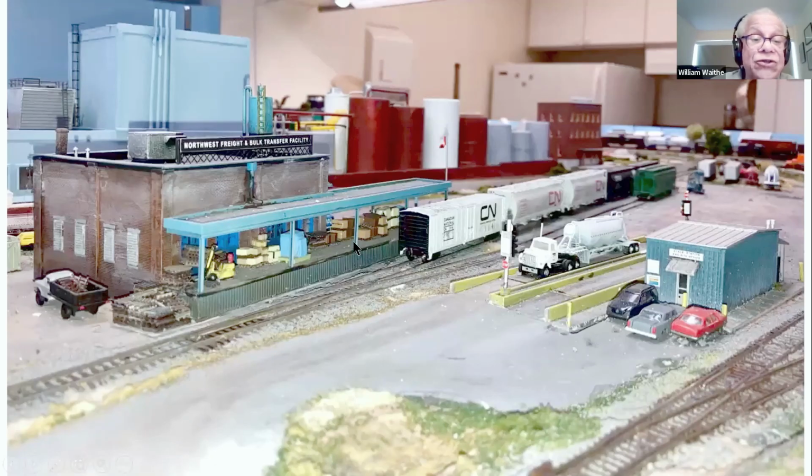And finally, this is the transload facility, Northwest Freight and Bulk Transfer Facility, which is still active, being rail served, and is much larger than is modeled here. And again, there is a truck weigh scale here, modeled by James.